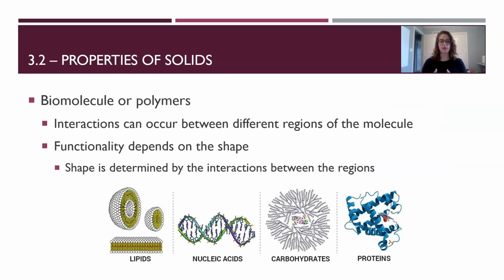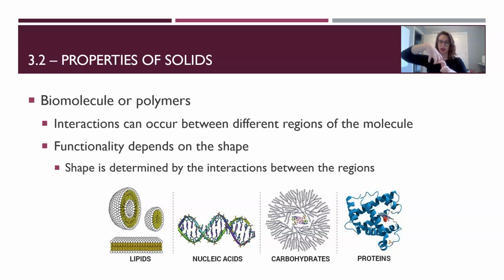And then our last type of solid are our biomolecules or polymers. So these are often molecular solids, and these interactions happen between different regions in a molecule. So when molecules get big enough, different regions can form intermolecular attractions, which then changes the shape.